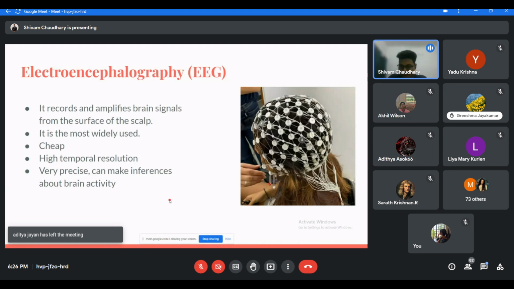It is very precise, meaning the cap is covering the entire brain, so we can make inferences about the brain activity. If I see a huge spike on electrode number 21, then I can say that activity is related to the cortex that lies under that electrode.